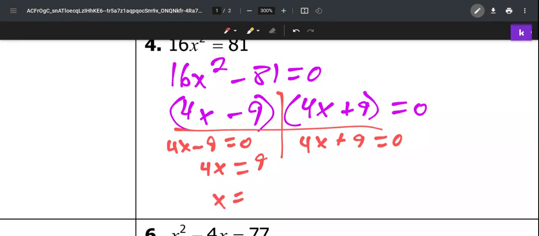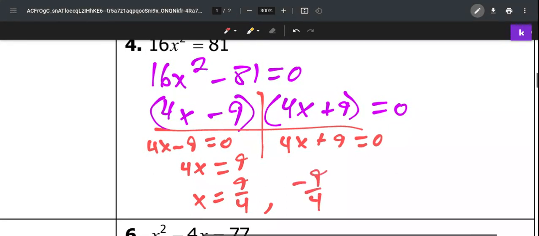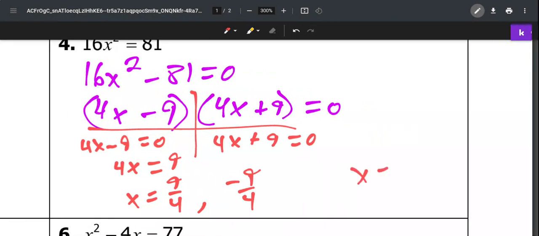So x equals 9 over 4. We would do the same thing over here; I'll skip it for now just because I think we can do it. So then x will also equal negative 9 over 4. So our answer is x equals the set 9 over 4, negative 9 over 4.